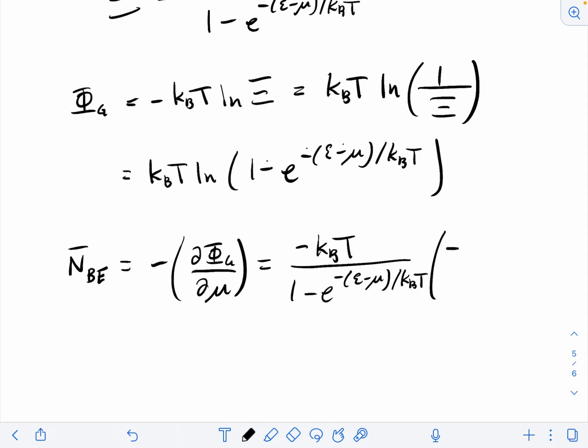We should get a 1 over kBT. And then we get the exponential back again, e to the minus epsilon minus mu over kBT.